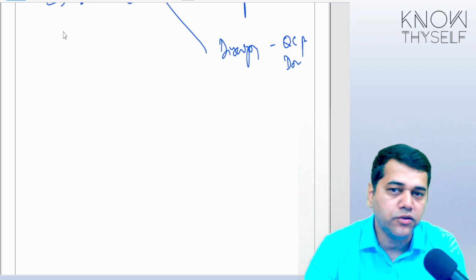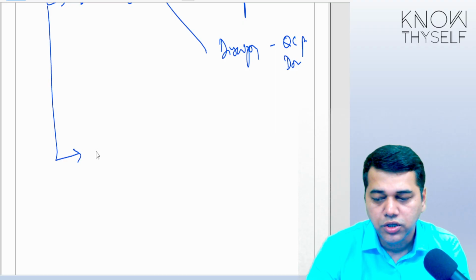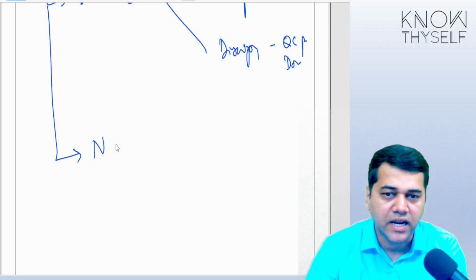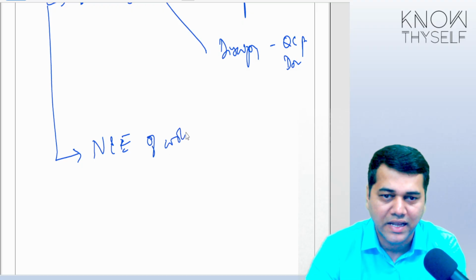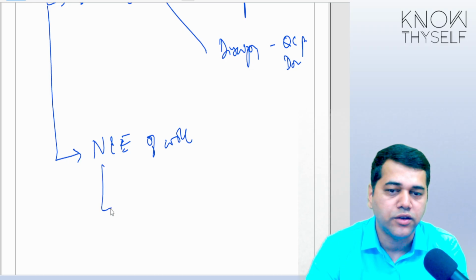Fine. Once you are happy with all these three elements, the second thing you are supposed to do is decide the nature and extent of work that can be used. Now, what is the nature of the work you can use?